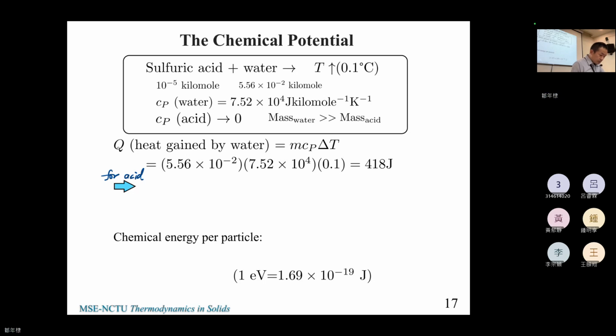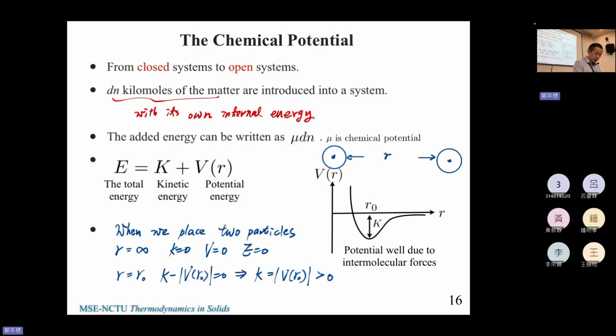For acid, the mu here equals Q divided by delta N. As we mentioned, mu times dN, the chemical potential times dN, is where is it? Here. The chemical potential mu times dN is the added energy, right?